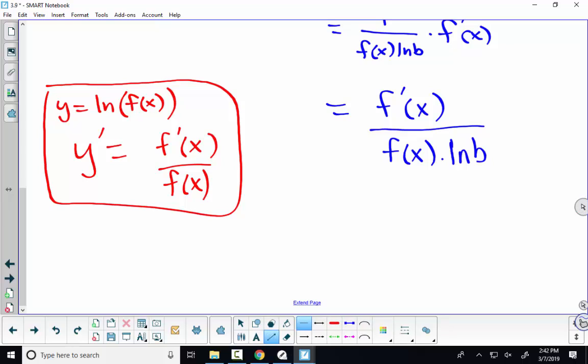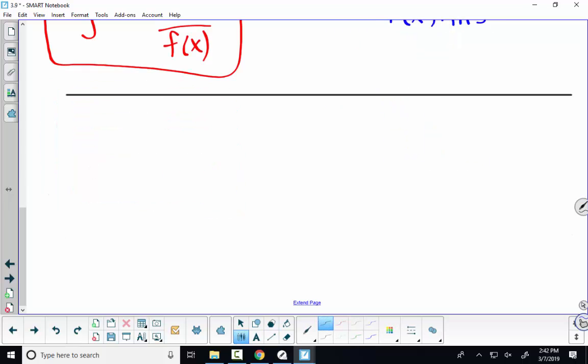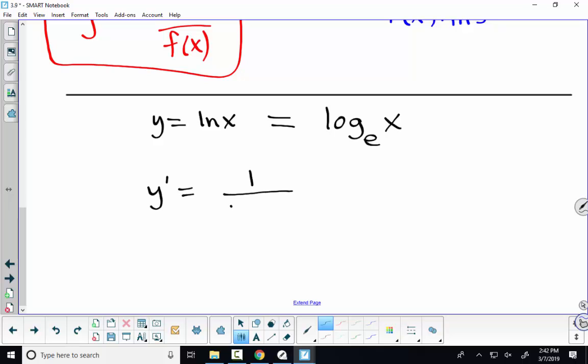So let's just look at that. Does this derivative, f prime of x over f of x times ln b, actually hold when we're talking about y equals the natural log of x? Well, think about the natural log as the log base e of x. And so the derivative formula says we take 1 over the argument, 1 over x, times the natural log of the base, times the derivative of x.